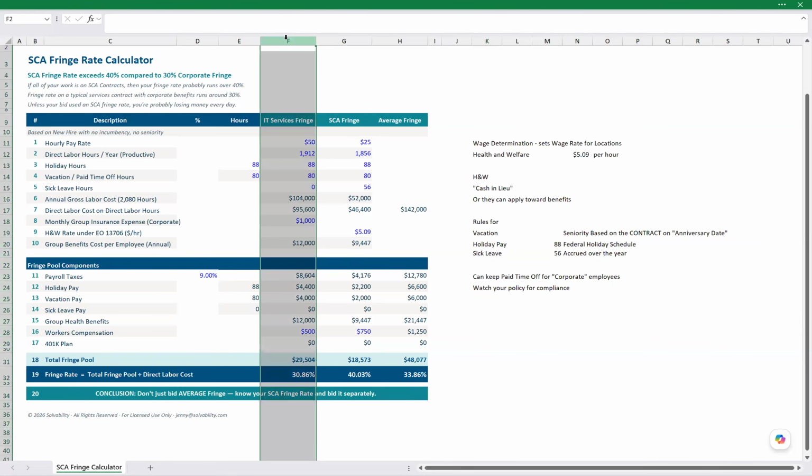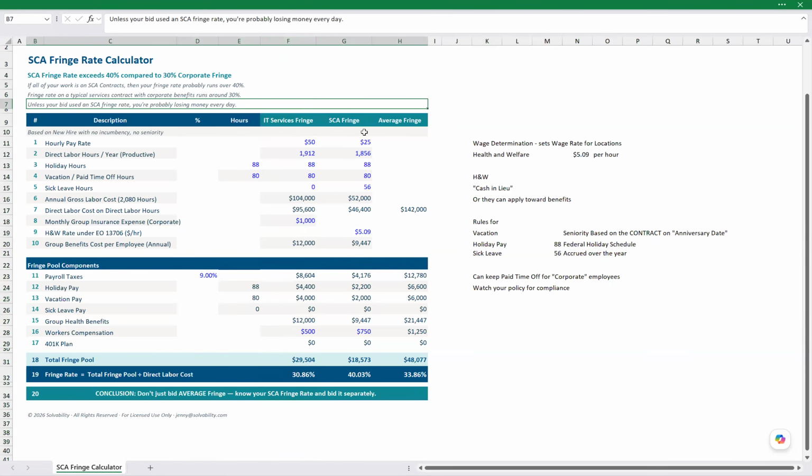So, what I was describing when I first started talking is, let's pretend that I have a bunch of IT experts and I'm having them work on a regular government contract. It's not Service Contract Act, there's no special rules. I give them corporate benefits, everything's great. I pay them, let's just say in my example, $50 an hour for that person, about $100,000 a year. And that would be for a database analyst or somebody like that.